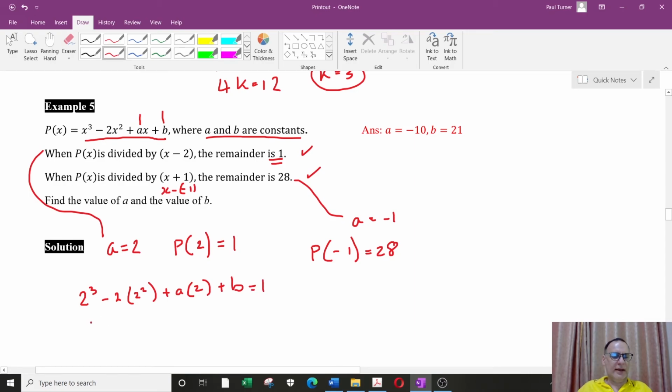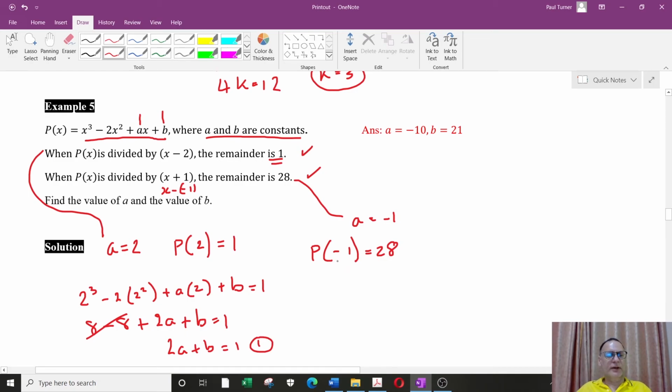Let's simplify that. 8, 2 2s are 4, 2 4s are 8, minus 8 plus 2a plus b equals 1. So 8 minus 8 is gone. So your first equation is 2a plus b equals 1, first equation.